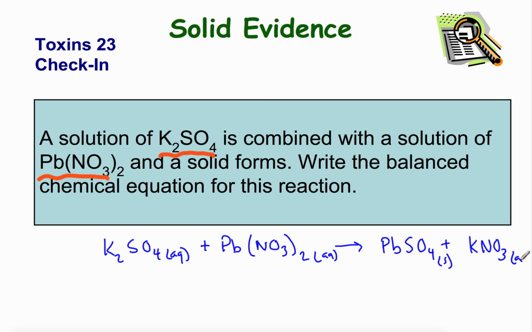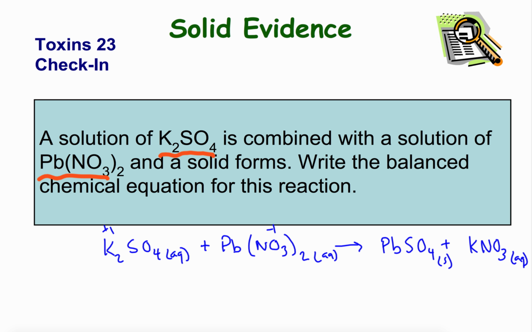Now, PbSO4 is our solid. KNO3 is what's aqueous. Some of you might have wanted to write K2(NO3)2 because of this 2 and that 2. But remember, this is a +1 charge. This is a -1 charge. This is the product, KNO3, because it's +1, -1.